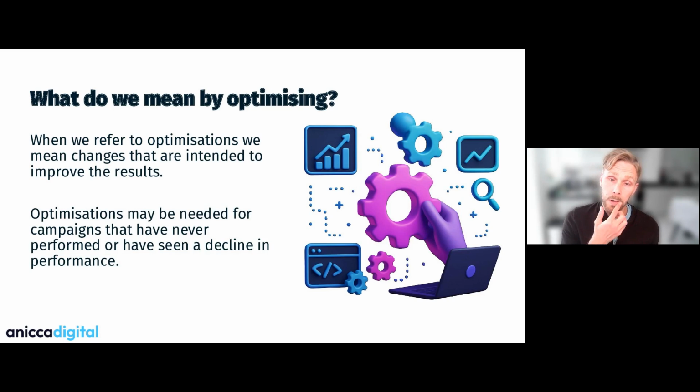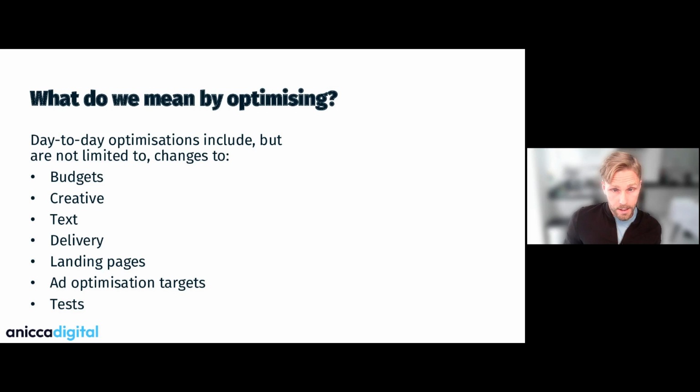Essentially, we just refer to changes that are intended to improve the results, whether you have ads or campaigns that are not performing at all, or if you have campaigns that are performing, but you want to get even more out of them, you make little tweaks here and there that we refer to as optimizations.